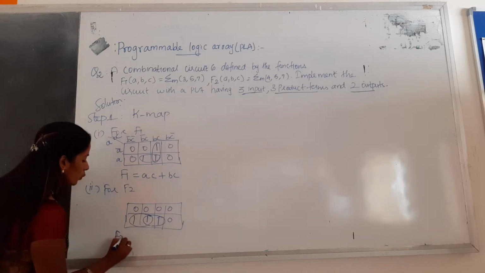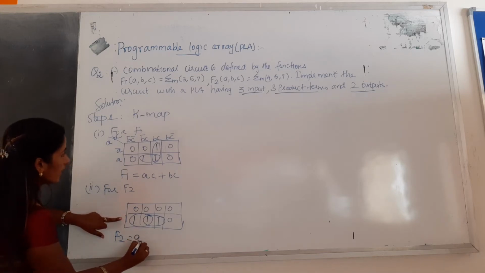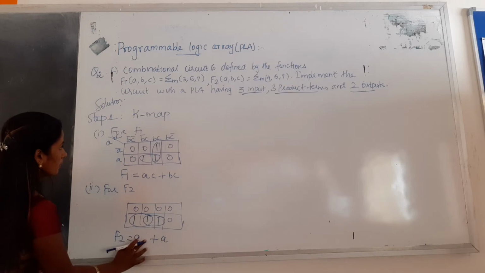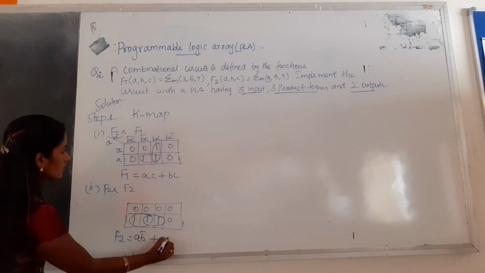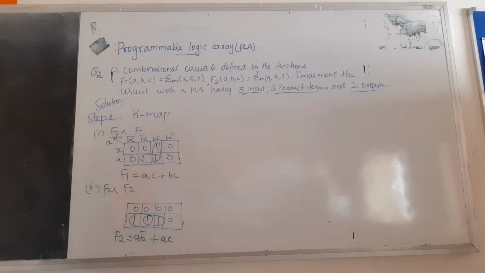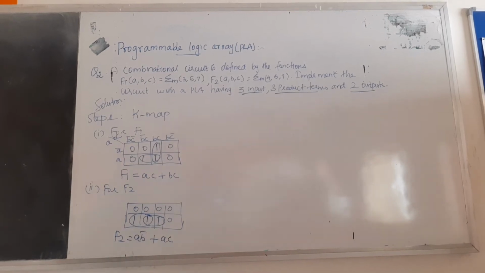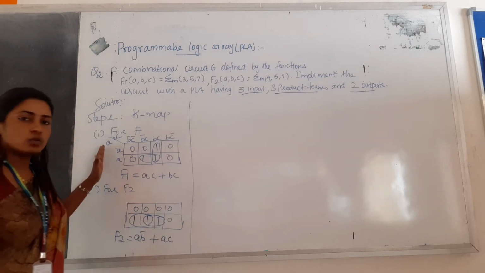So my F2 is AC plus AB bar. So step 1 is over.